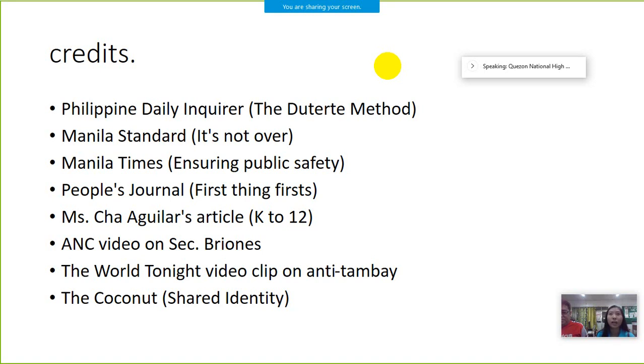But when I have extra time, I would always try to read the latest newspaper, anything, PDI or Philippine Daily Inquirer will do. Sometimes when it isn't available, then I would go to Philippine Star, Manila Bulletin, and the other broadsheets.